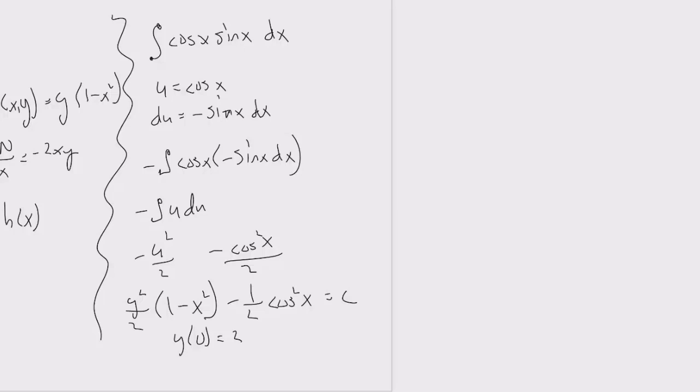So when x is 0, y is 2, so we got 2 squared over 2 times (1 minus 0 squared), minus 1/2 cosine squared of 0 equals our constant.